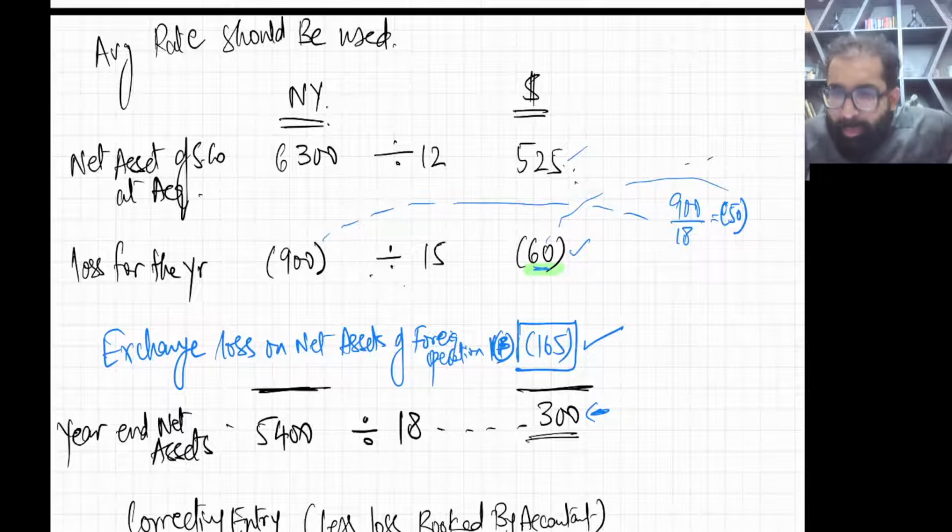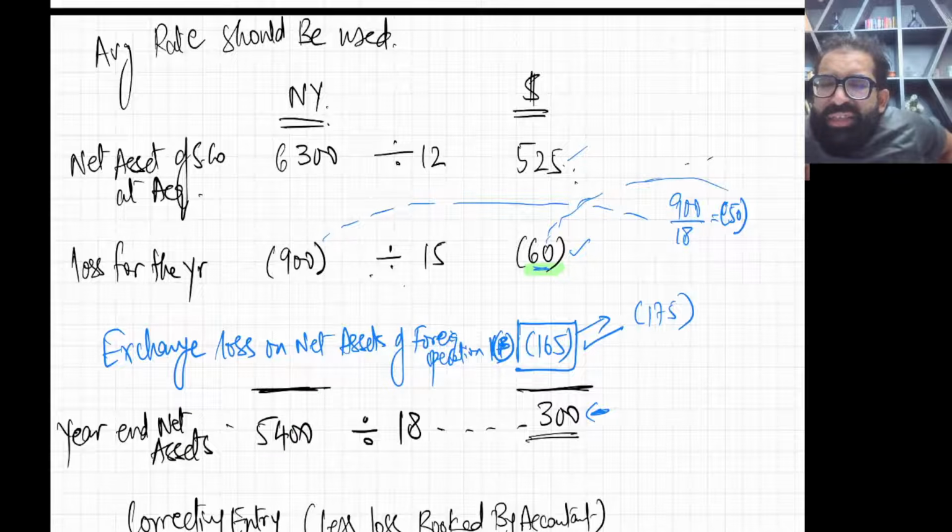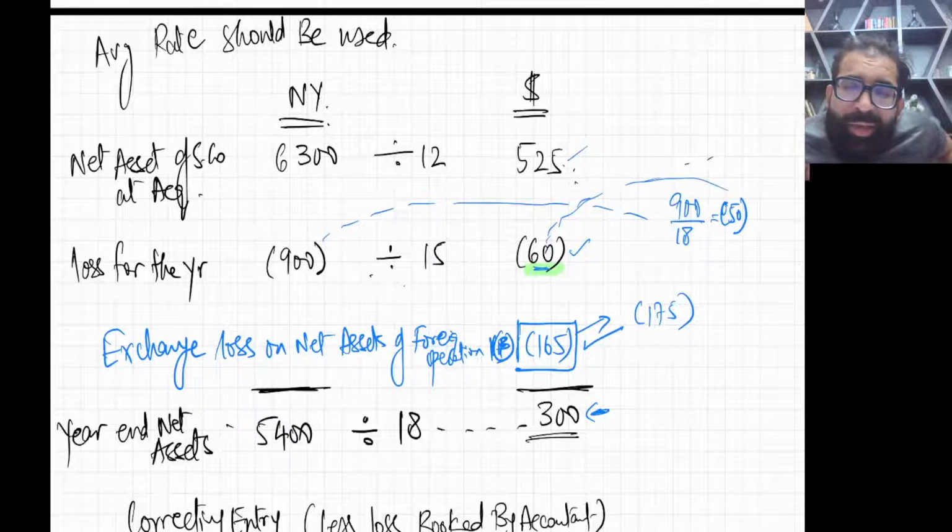And one more mistake, because of this 10 issue: they have written 175 in the question. They booked translation reserve as 175, and it's a loss, so they debited the translation reserve by 175. In reality, it should have been debited by 165. So they extra-debited the translation reserve by 10.